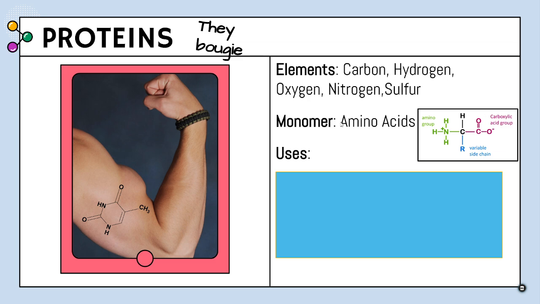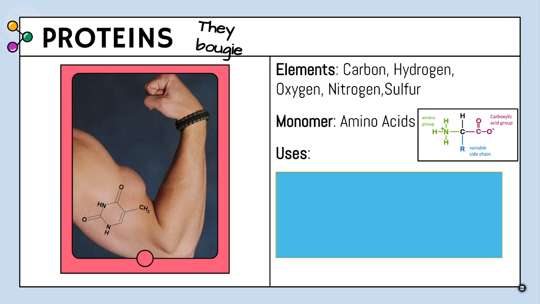The monomer here is amino acids. Amino acids are the building blocks of proteins, and those amino acids are coded or created by our DNA. DNA will send a message to our ribosomes to say, hey ribosomes, this is the amino acid I want you to create, and then long chains of amino acids help to make proteins.